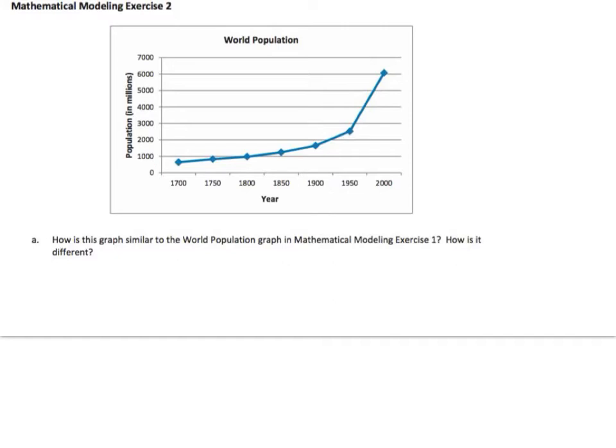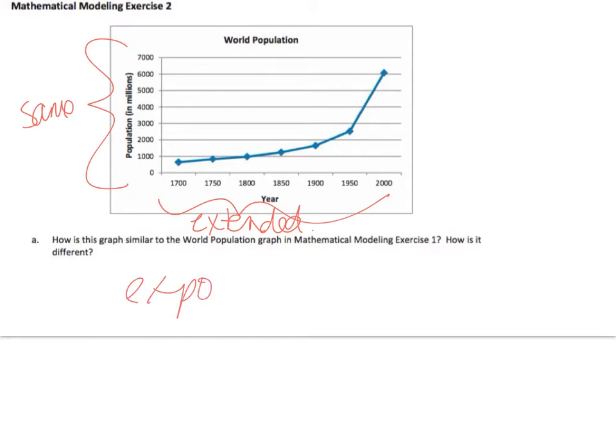So this graph uses the same vertical scale, but the horizontal scale is different. So this has been extended. The horizontal scale has been extended. The graph itself looks to be exponential.